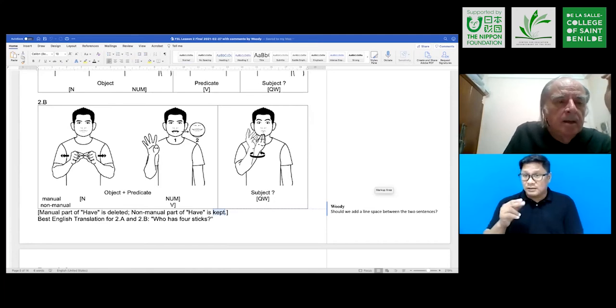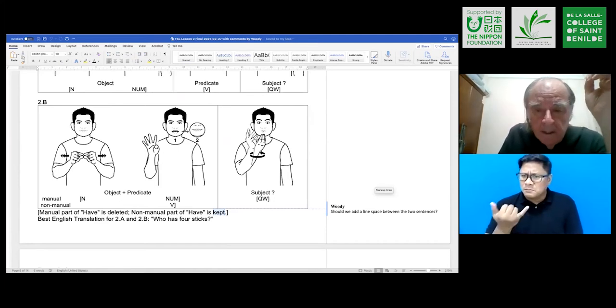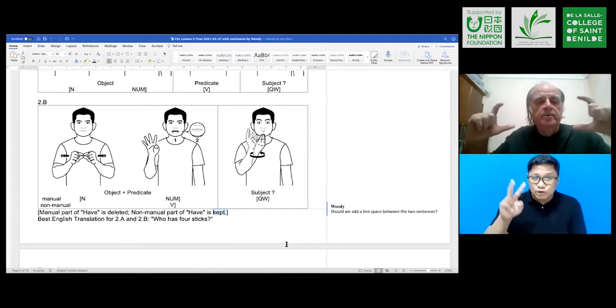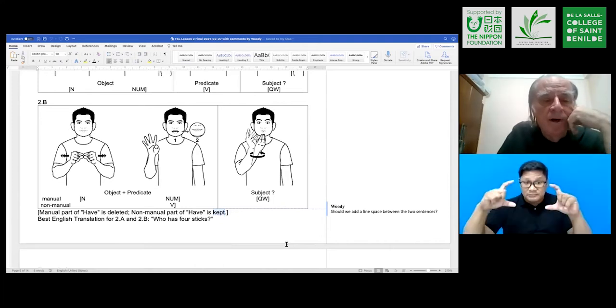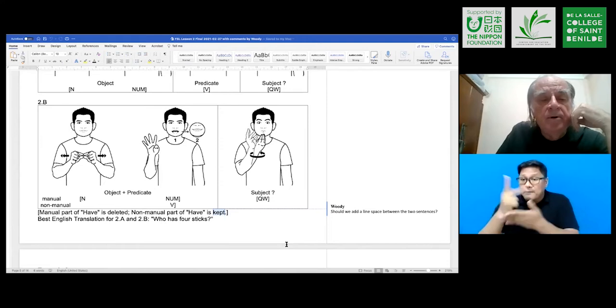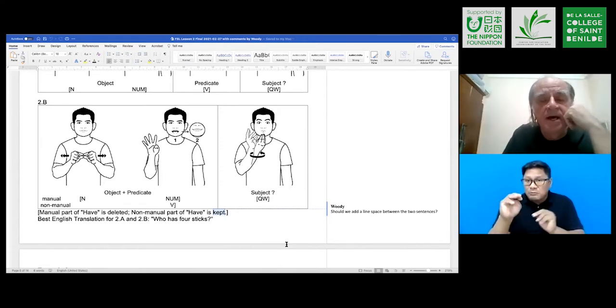Now you see underneath the 2B, in brackets, manual part of have is deleted. Non-manual part of have is kept.